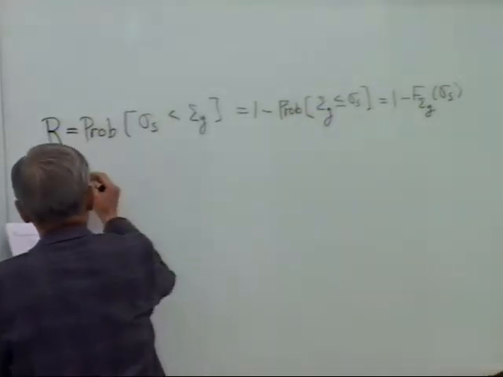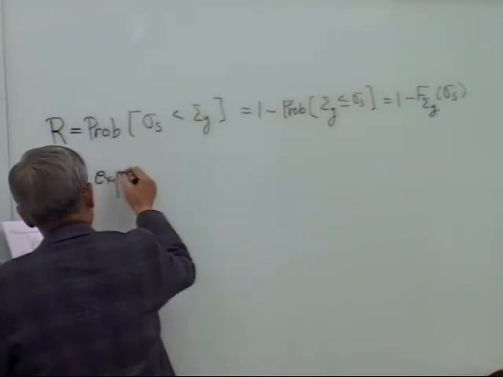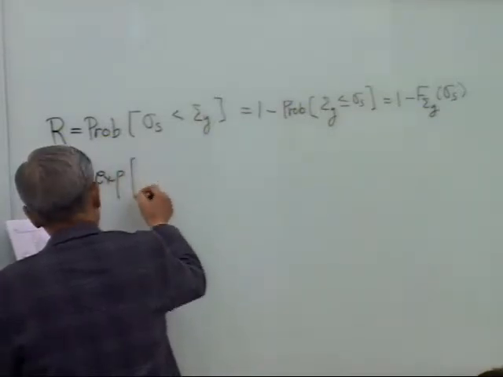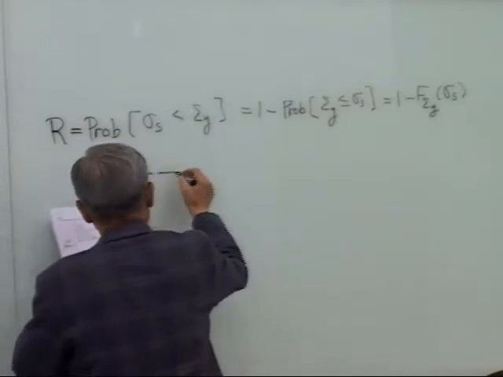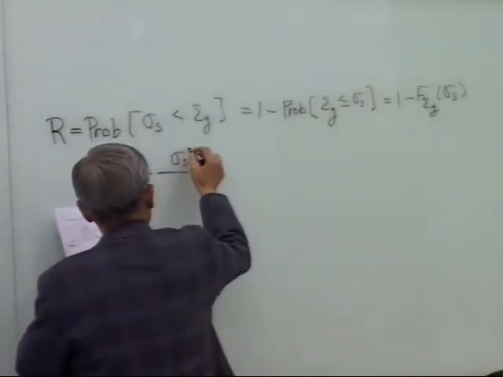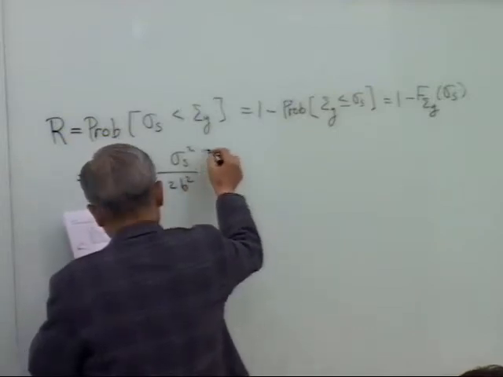So if you compute that, you have an exponential function, minus sigma S squared over b squared.